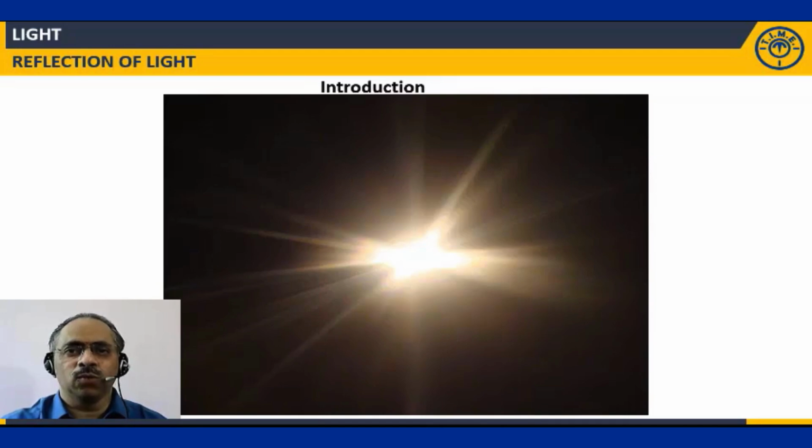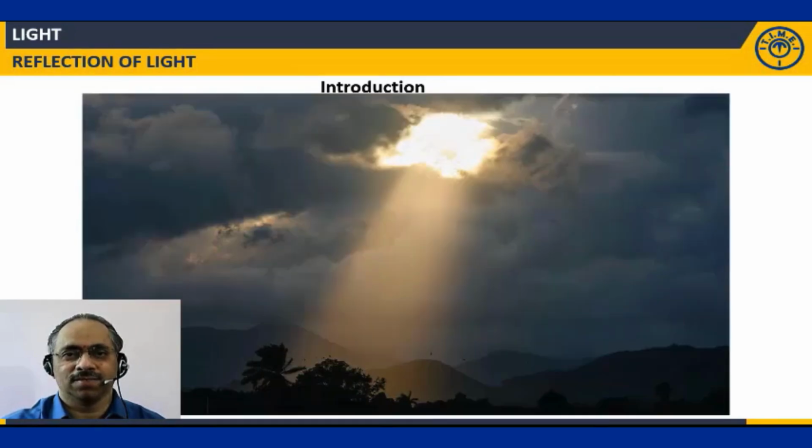May be difficult to visualize this. Sometimes we may be able to see some of the spectacular scenes like this. See how beautiful it is. The atmosphere is completely cloudy over there, but in between you have a narrow opening for the sunlight to enter into the Earth's atmosphere.